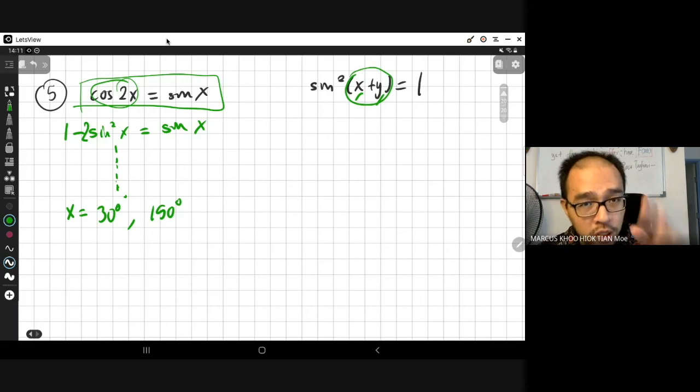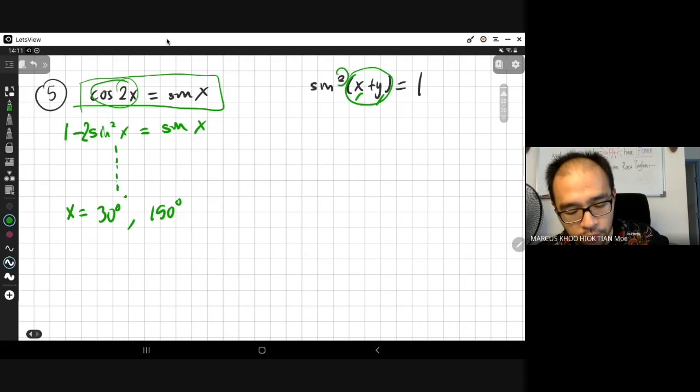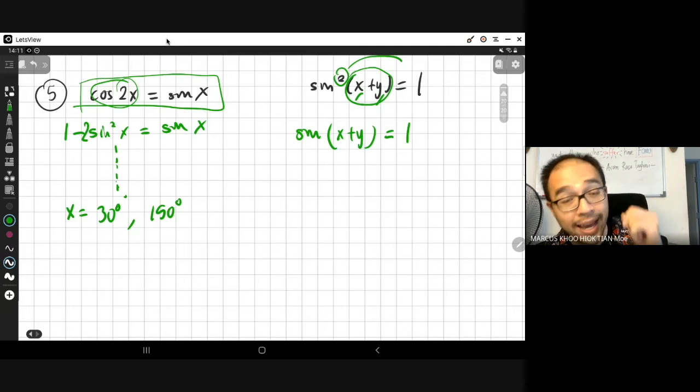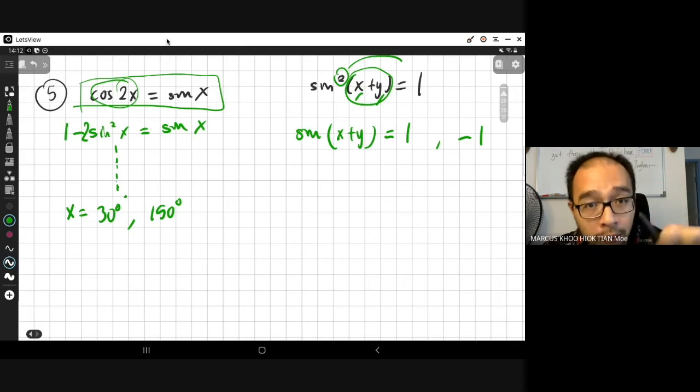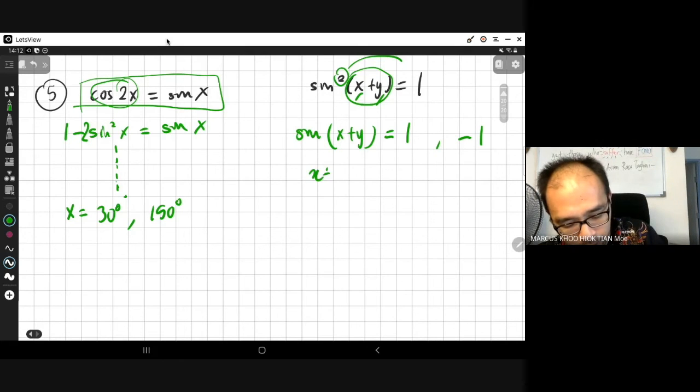The first thing you want to do is move this square across, like we always do. So sine (x plus y) equals 1 and negative 1. There's always 2 answers because you are square rooting. Now if sine (x plus y) is 1, what is x plus y?